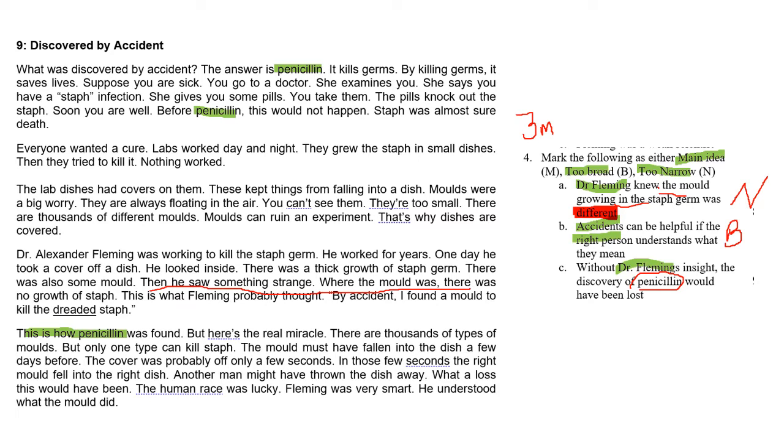There was no growth of staph. It's just saying it's strange, it's different. This answer here is only about this sentence here. Answer C is the main idea because the passage is about Dr. Fleming finding penicillin and killing a disease, all of which kind of comes in answer C.